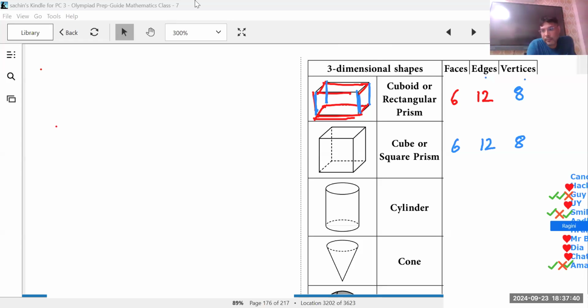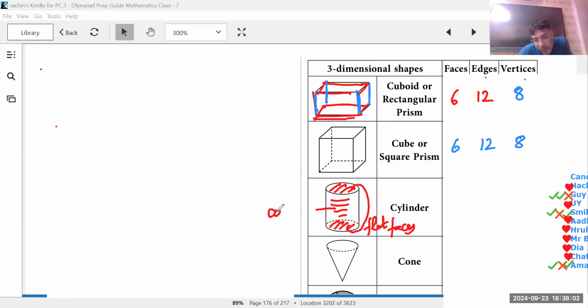All right. So Adya and Candy, beta. Candy, speak your answer. How many faces are there? Sir, 2. Beta, there will be 3. This is one face at the top, one face at the bottom, and one curved face. These two are flat faces, and this one is a curved face.